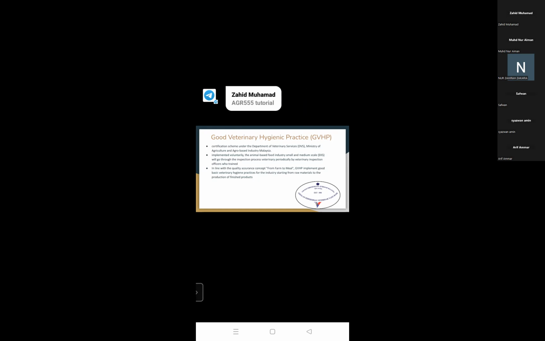Through a certification scheme which is implemented voluntarily, animal-based food industry small and medium-scale SMEs go through an inspection process periodically by veterinary inspection officers or trained officers.